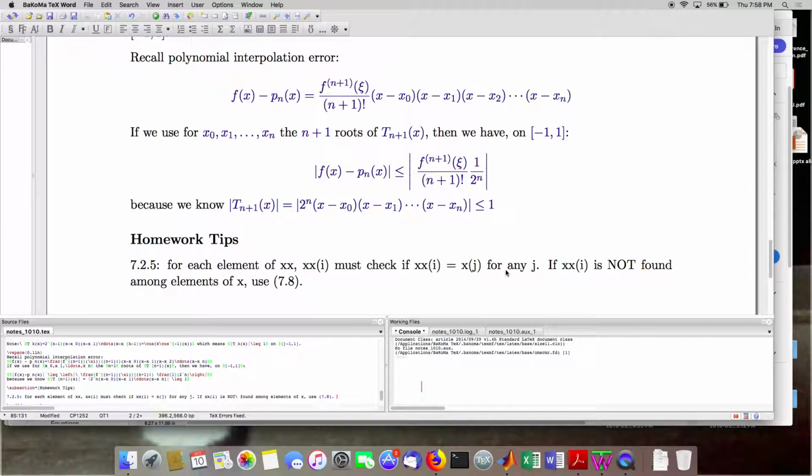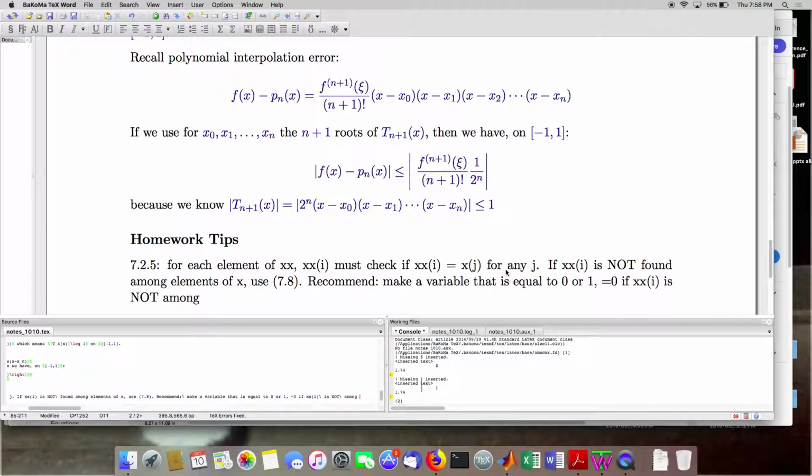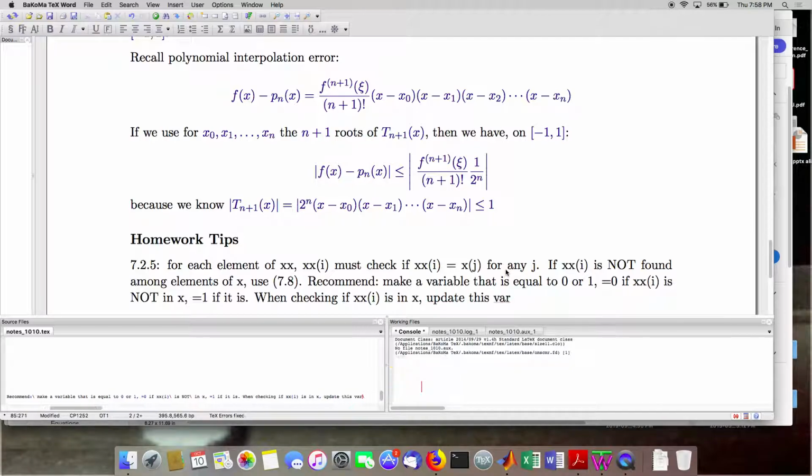Now, as far as the implementation of this in MATLAB is concerned, what I recommend is to make a variable that is equal to 0 if xxi is not among x, and equals 1 if it is. So the idea is, when checking if xxi is in x, update this variable.